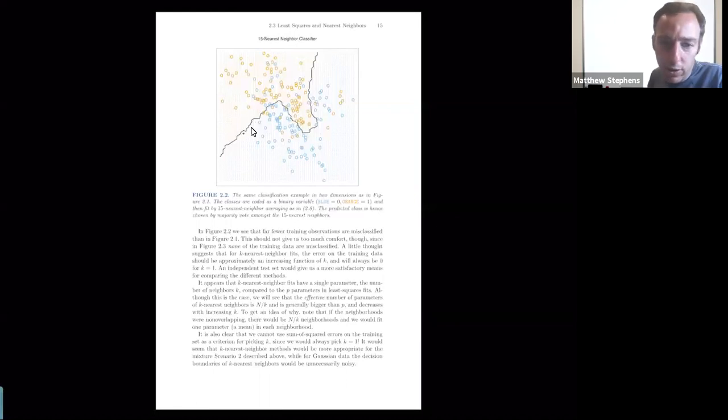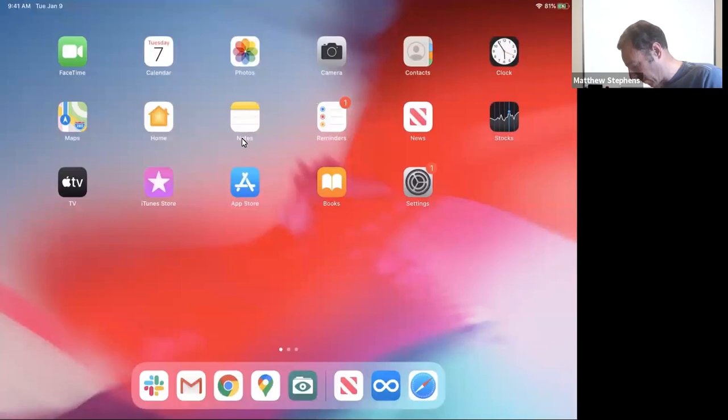You can see actually it's not a simple decision boundary here. There's a little point here that would actually be classified as orange just because of the way that the things fall. So it's kind of a funny thing that can happen, you might think that maybe that was a bad thing in this case, okay?